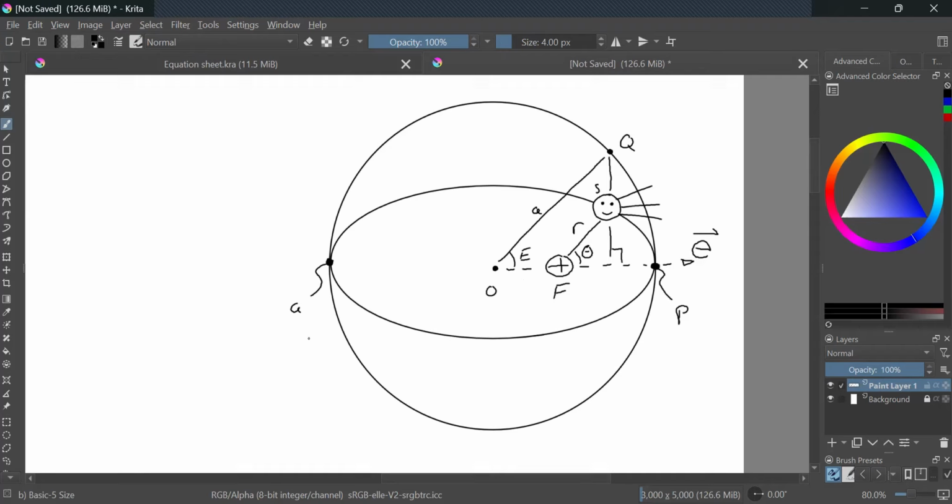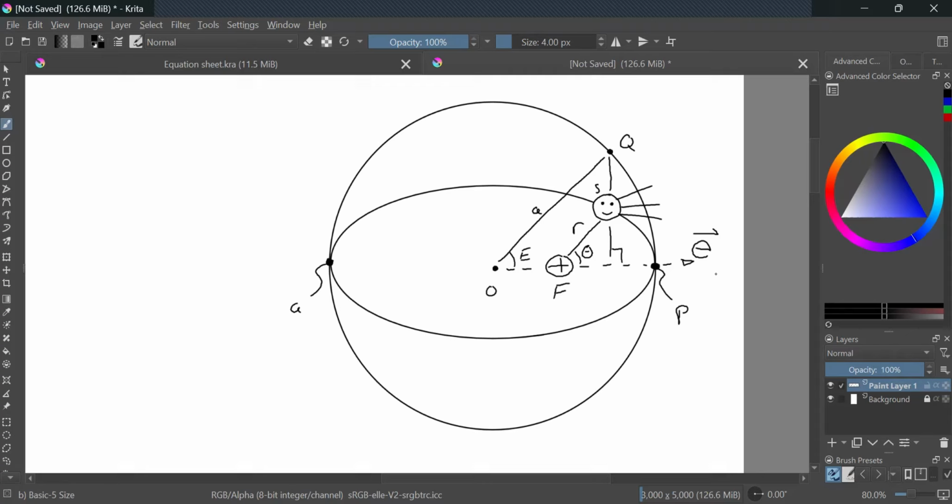We can see that we have our host body at a focal point, we have a radius, we have an angle with the eccentricity vector, and that's all stuff that we are familiar with.